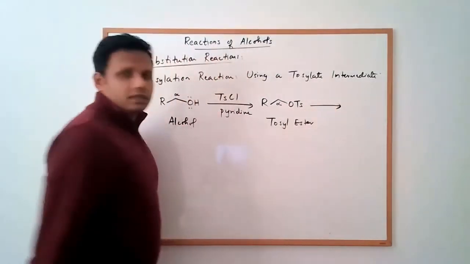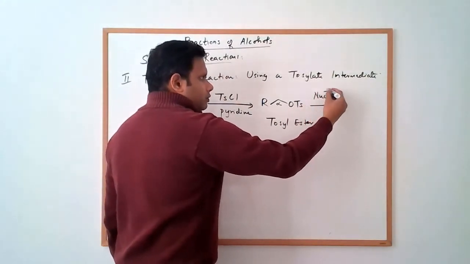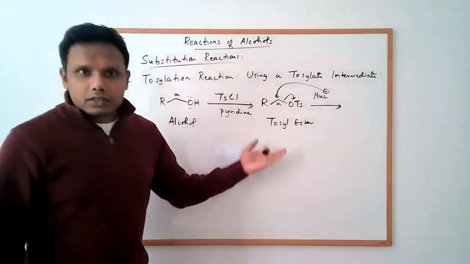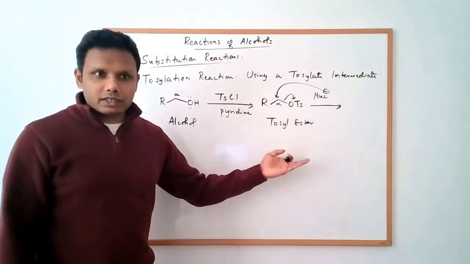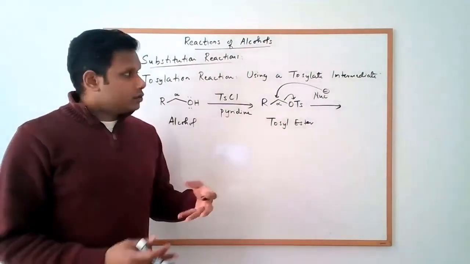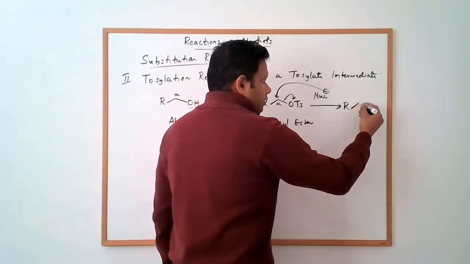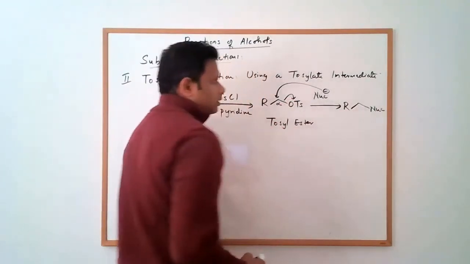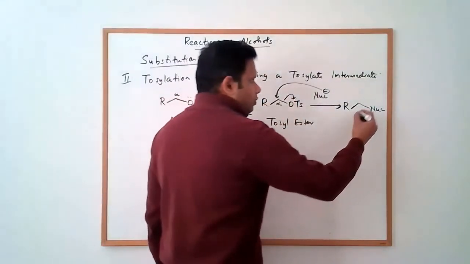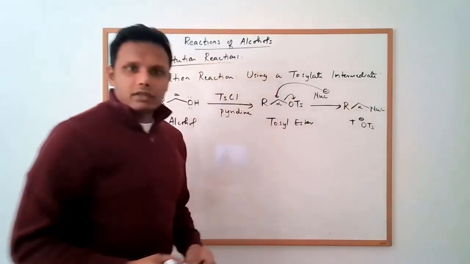And now once you have the tosyl ester, you can react it with any nucleophile, and that nucleophile is going to give you an SN2 type of reaction. This works if it's a primary or a secondary alcohol; tertiary alcohols won't give you the substitution. You can play under SN1 conditions there, but anyway, the incoming nucleophile will replace the tosyl group, so that the nucleophile is connected to that alpha carbon and you get the tosyl group out.